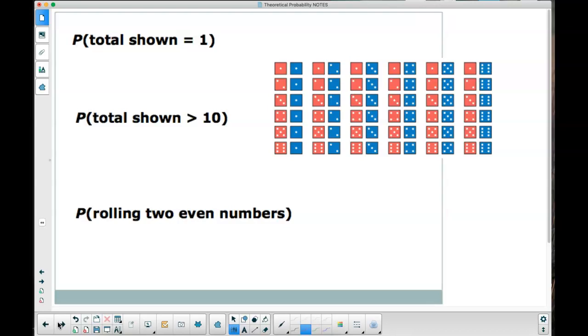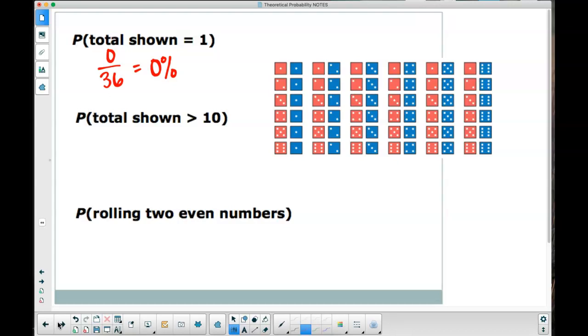What do you think? Savannah: 0. Would you agree with that? 0 out of the 36 outcomes, so it would be a 0% chance that the total shown will equal 1. That can't happen.